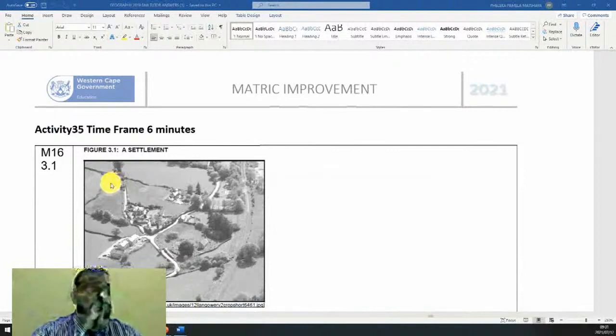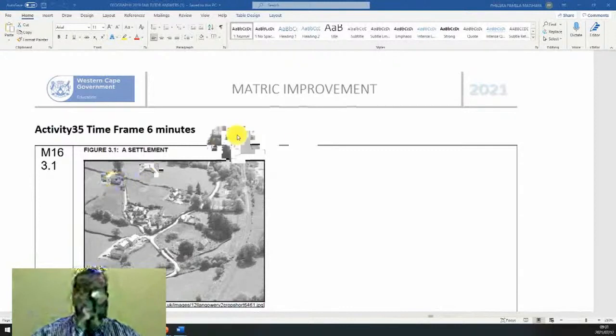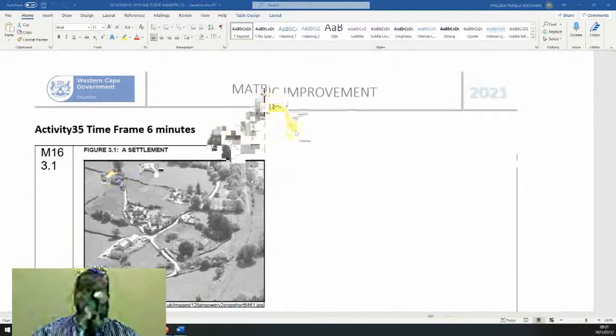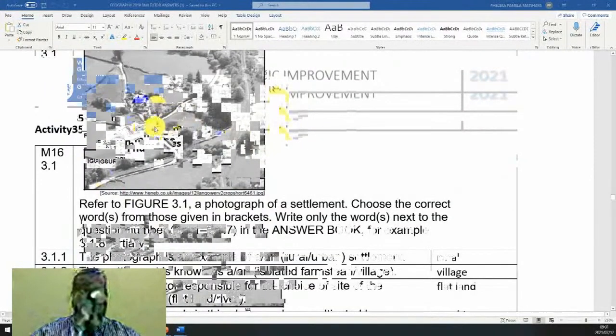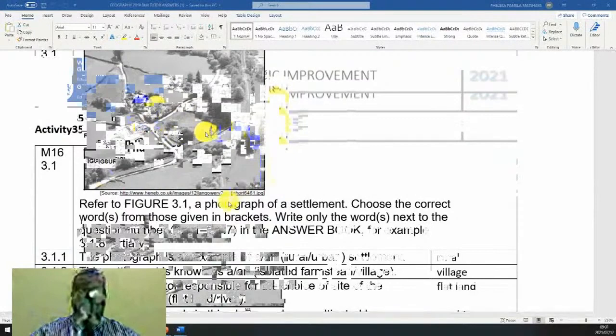Right, so as I said, you should have the printed material in front of you, which should give you the ability to stay with me. Right, so activity 35, activiteit 35, is a picture of a settlement. There's a kikkie van nederzetting. Once again, refer to figure 3.1, a photograph of a settlement.